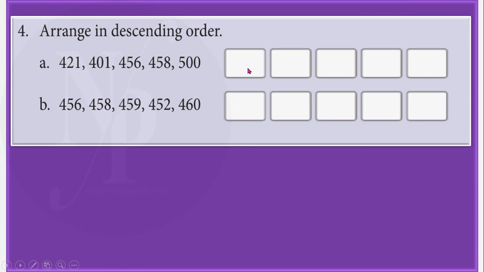Therefore we should write 500 first here in the box. So leaving 500, when we compare the remaining 4 numbers, we understand that 458 is greatest among these first 4 numbers. Therefore in the second box we should write down 458.